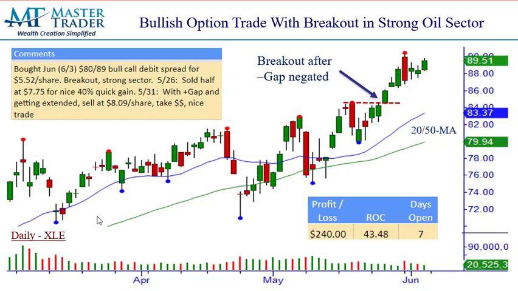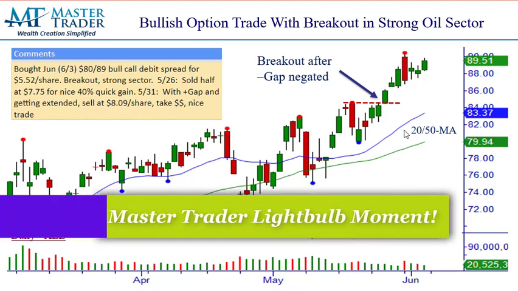Here's one of them, XLE, which is an oil ETF, the strongest sector this year, and all the oil has been very strong. So this is a continuation pattern. Now, we don't trade breakouts that run from the low of the base to the top of the base unless there's some type of correction.